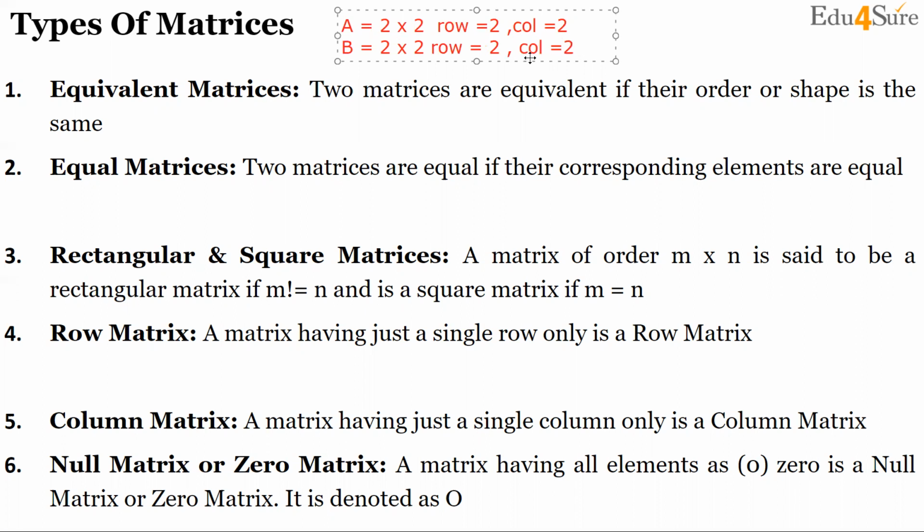Then this is called equivalent matrices, because they both have the same order 2 cross 2 and they have the same total number of elements. Total elements, TE, I am writing here, equal to 4, right? When you multiply 2 into 2, you get 4. Similarly, here also, when you multiply 2 into 2, you get 4. So this is called equivalent matrices, where the number of elements is the same and order is the same.